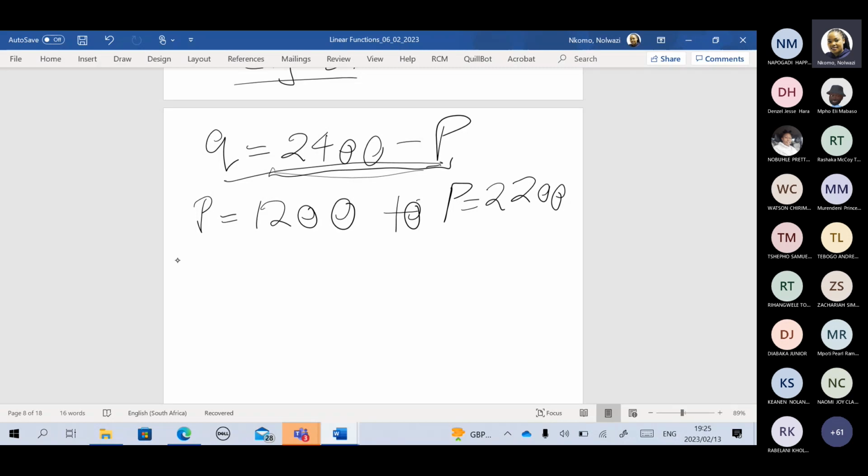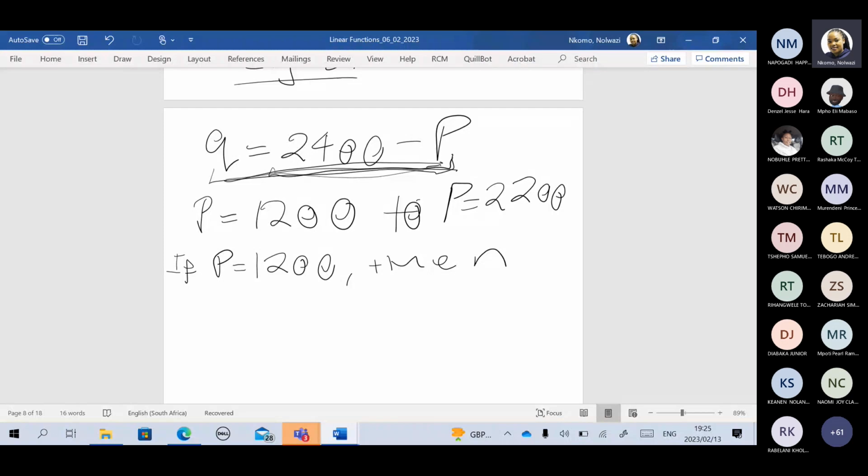We'll say if P is equal to 1,200, then we substitute P where there is P in the demand function that should be given, which is this in this case.